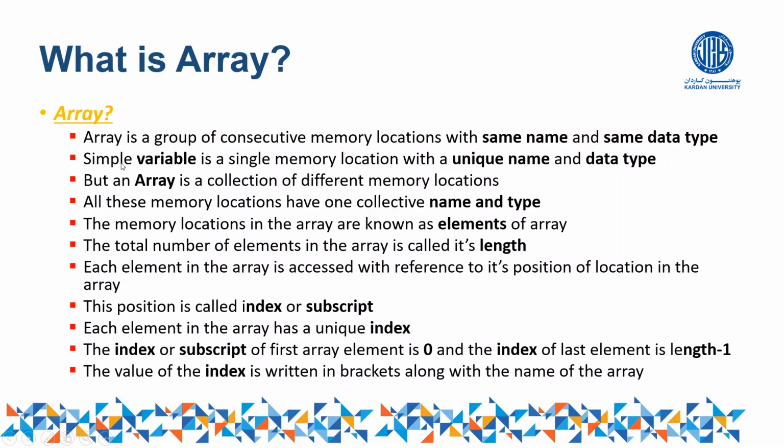So the second point says simple variable is a single memory location with a unique name and data type. Remember, this is what you have learned about the single variable, for example, integer a. This has a unique name, the unique name is a, and its data type is integer.